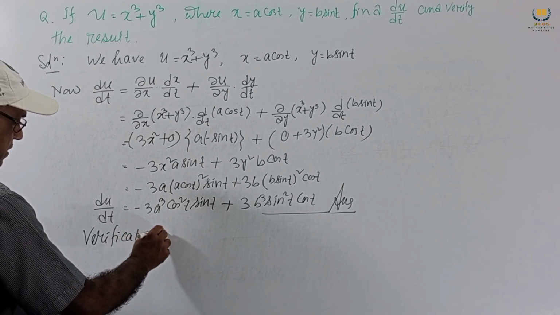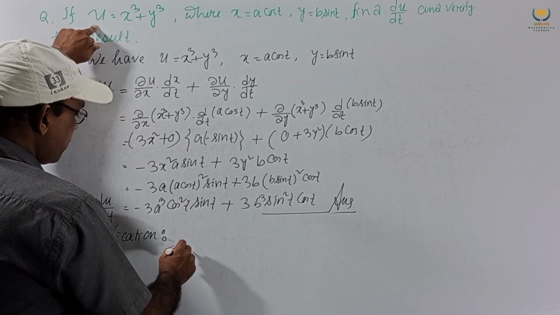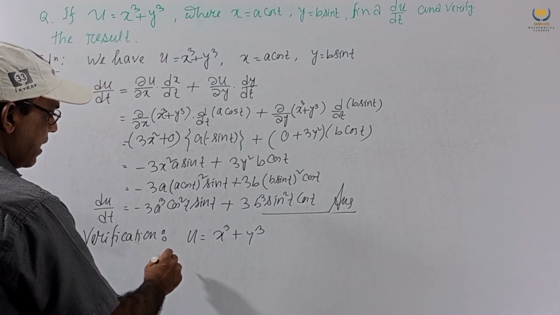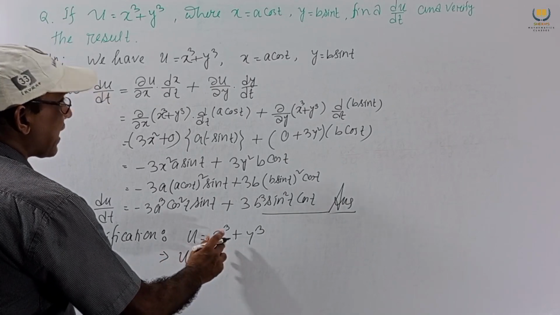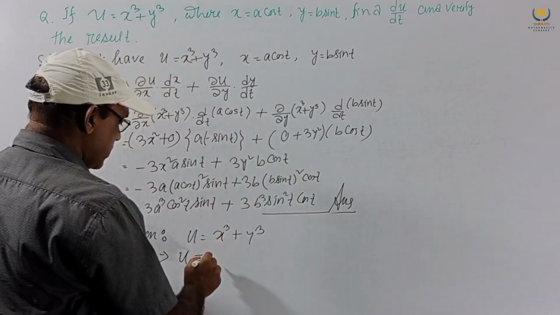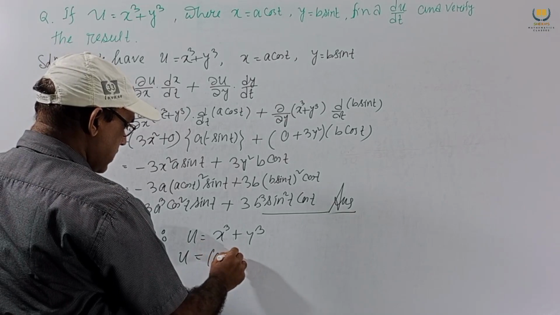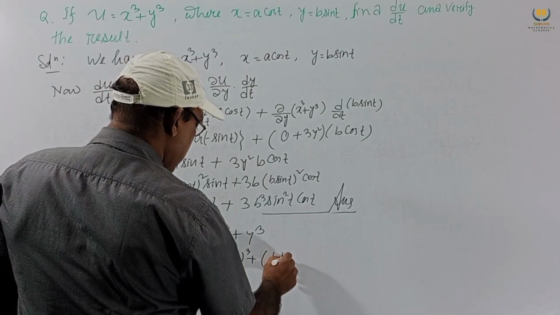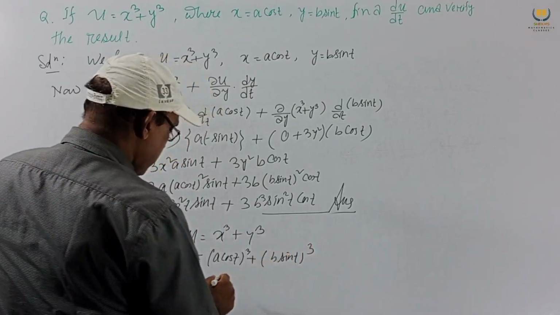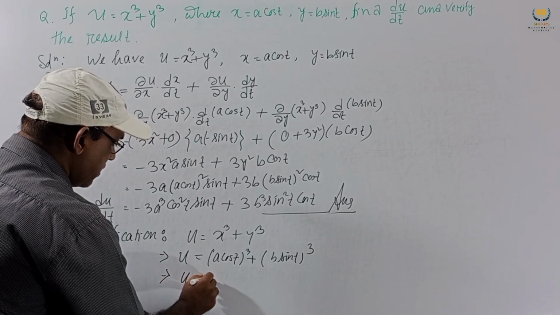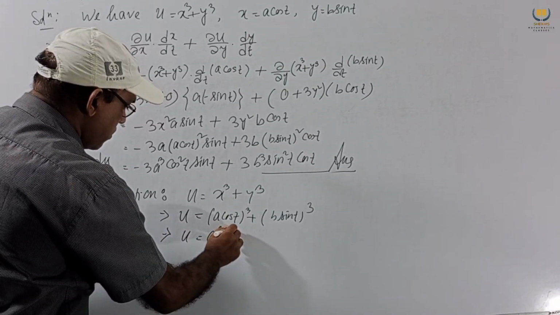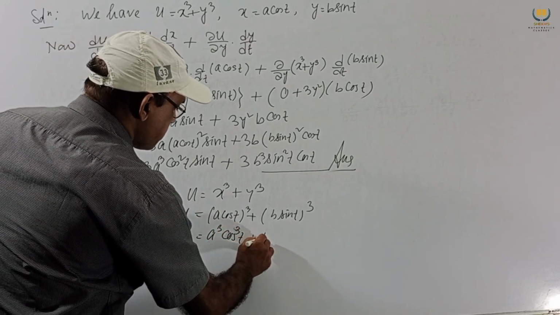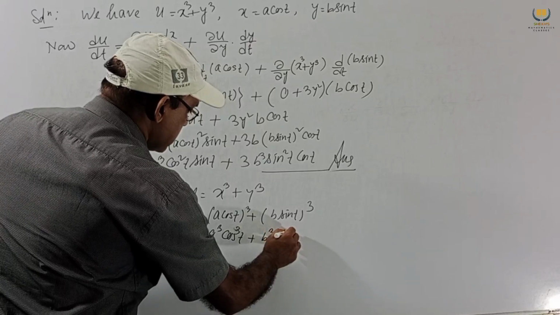In verification, u equals x cube plus y cube, which is given. This implies u equals a cos t whole cube plus b sin t whole cube. This implies u equals a cube cos cube t plus b cube sin cube t.